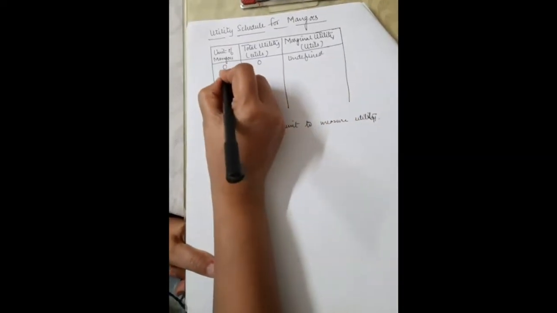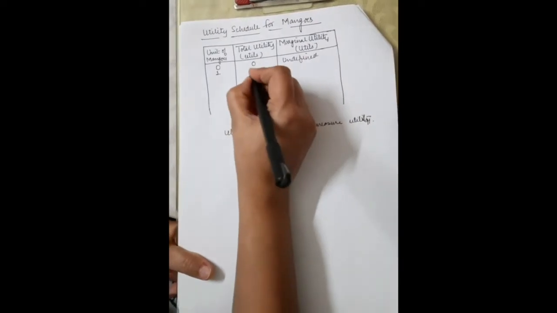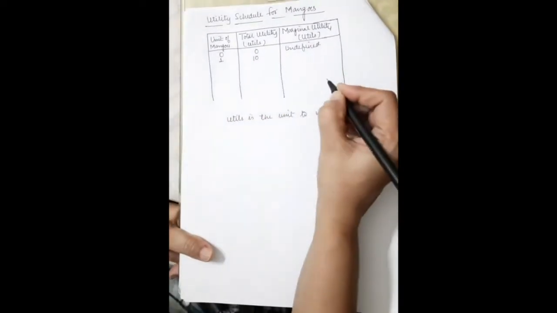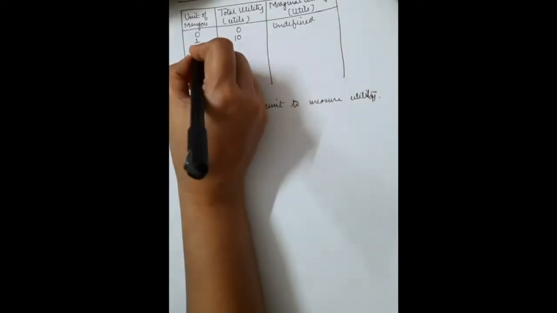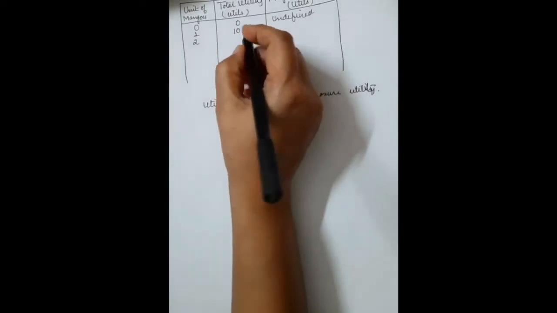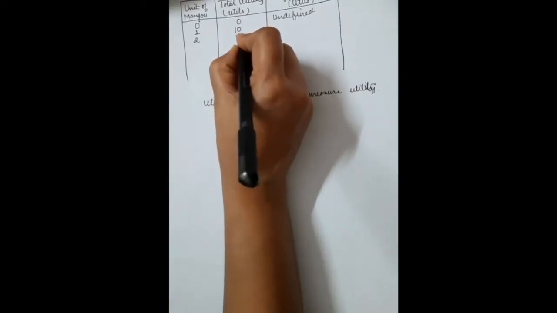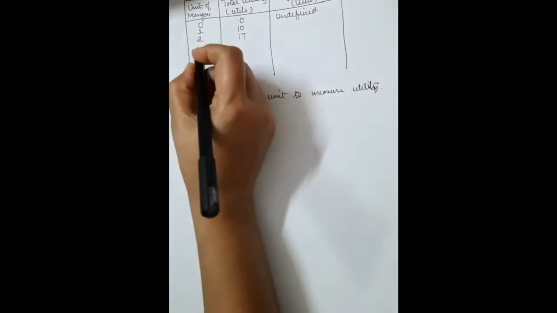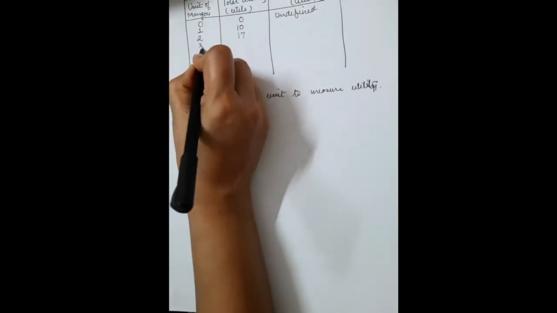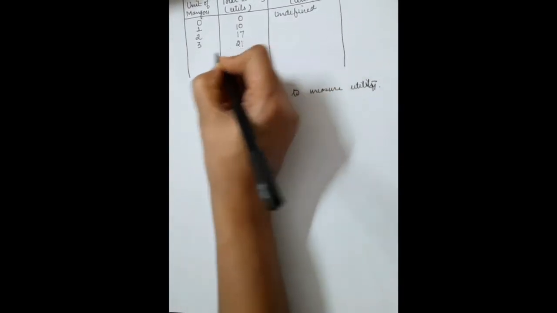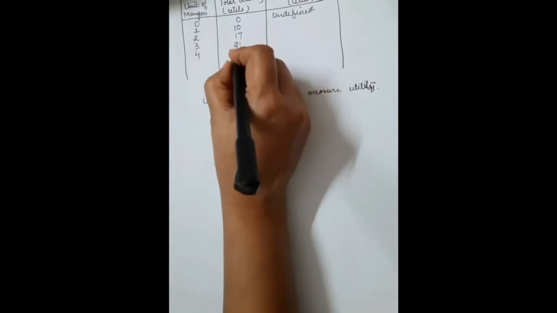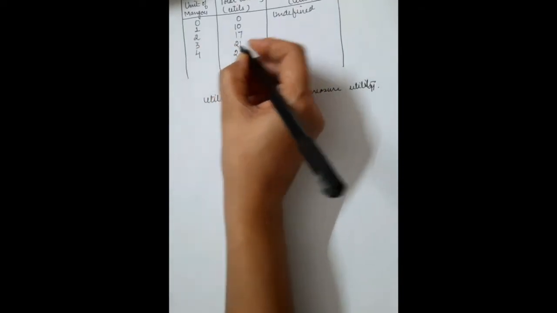Then when he consumed the first mango, the total satisfaction is equal to 10. Then when he consumed the second unit, say total satisfaction is equal to 17 utils. Third unit, 21 utils. Fourth unit, 22 utils.